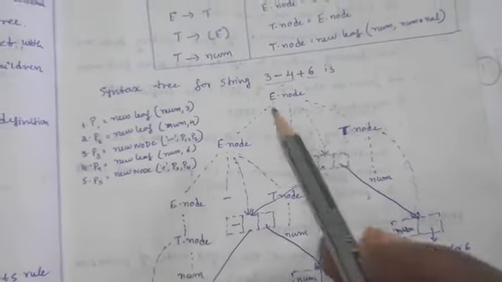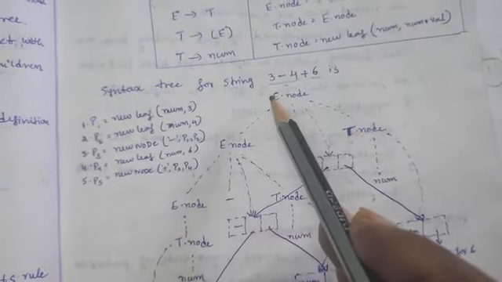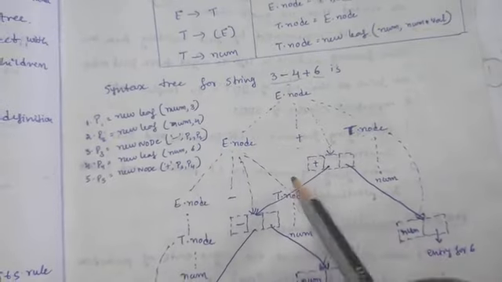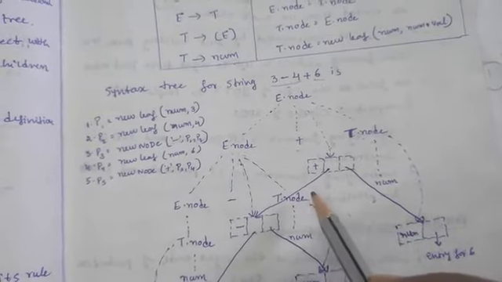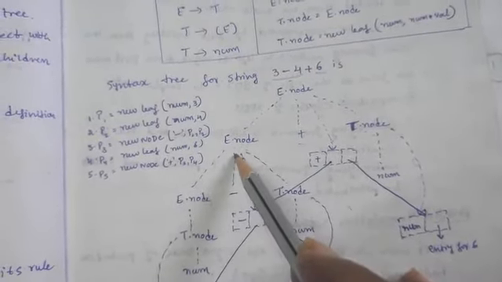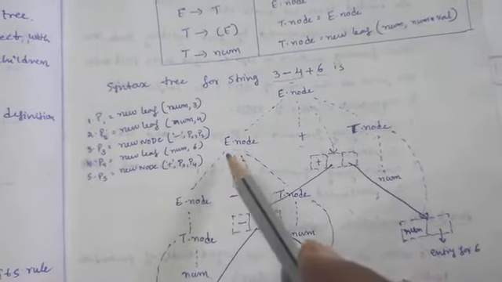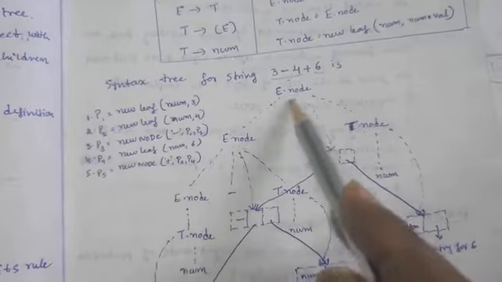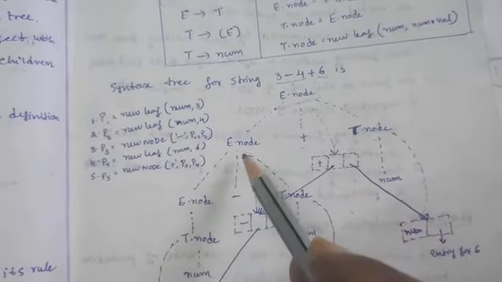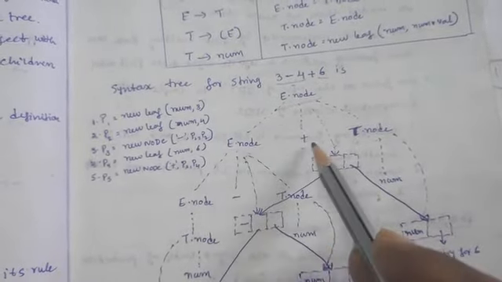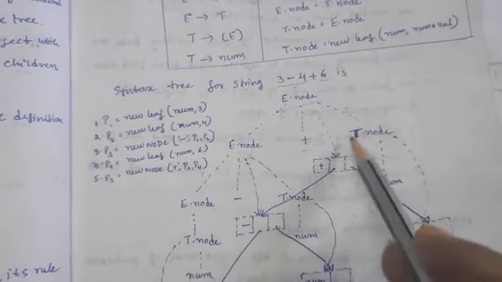Now we need to write functions for each node in a given parse tree. So here this node will indicate addition of this and this one, addition of these two things.